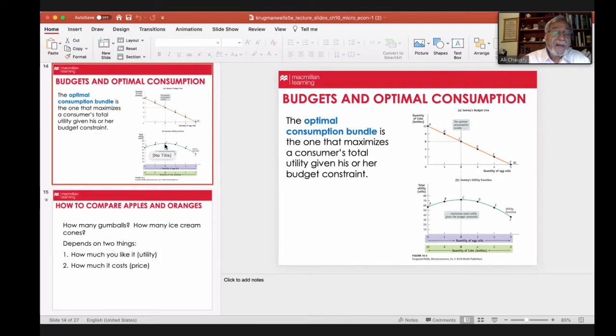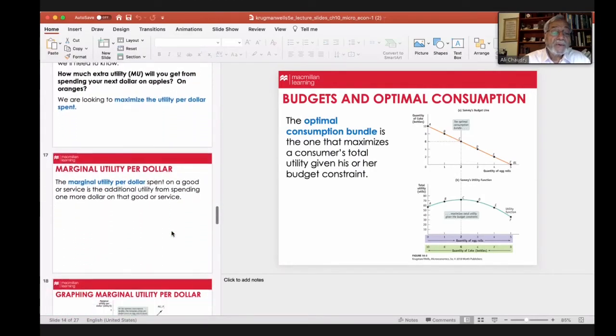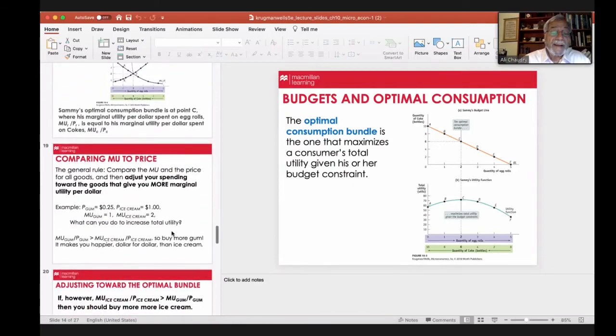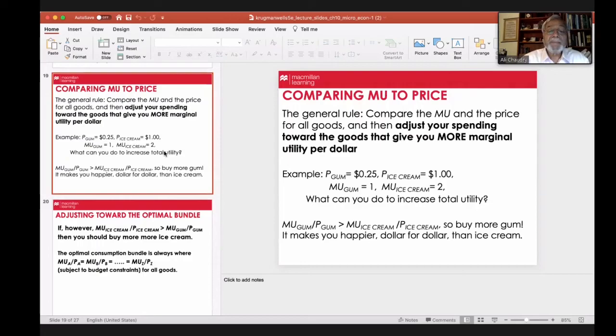So if that is the optimal utility that we want to achieve, what is the rule that will get us to that point? I'm going to use this example here. You will recall this example that we use: take a look at the price of ice cream and the utility of ice cream.